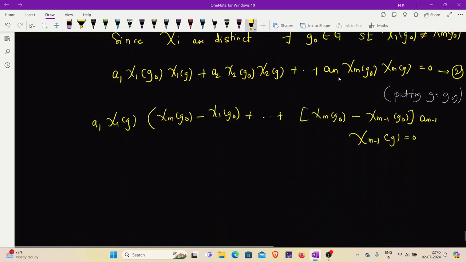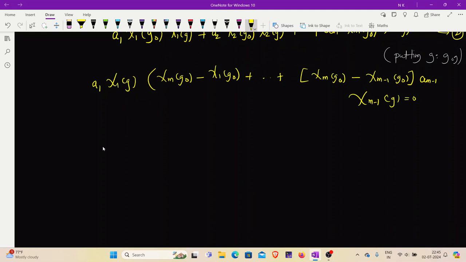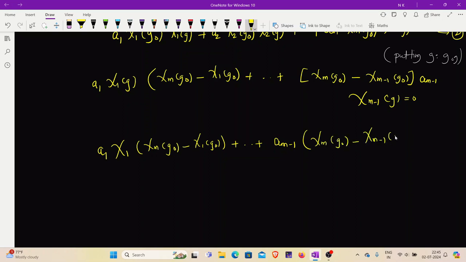If it is still not clear, we can make it clear this way: a1 chi1 into chi m of g naught minus chi1 of g naught, plus so on, a m minus 1 into chi m of g naught minus chi m minus 1 of g naught, into chi m minus 1 of g equal to 0.